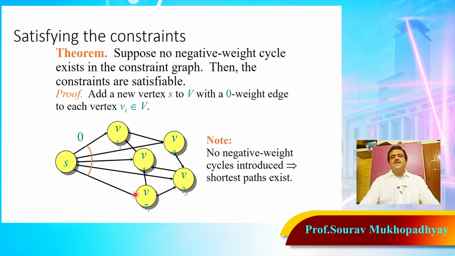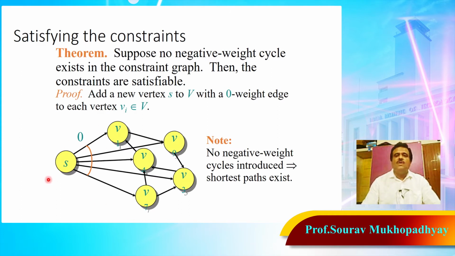Then if the original graph had no negative cycle, this new graph will also have no negative cycle because we have only introduced 0 weight edges. So, that cannot create any negative weight cycle. So, this has no negative cycle.